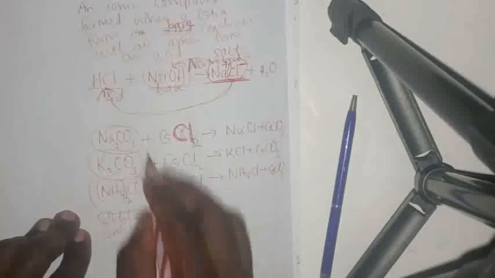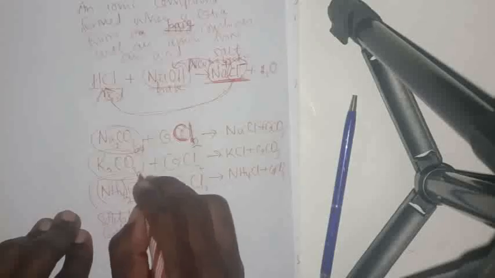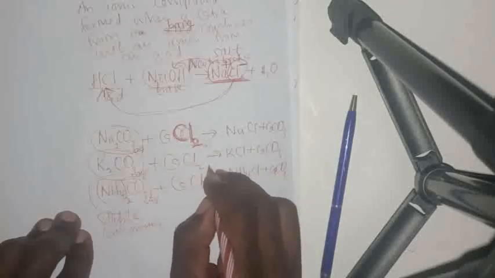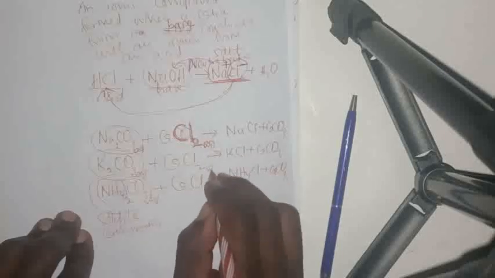Sodium carbonate, potassium carbonate, and ammonium carbonate are soluble carbonates. They are aqueous. Calcium chloride is also soluble in water, so it is also aqueous.